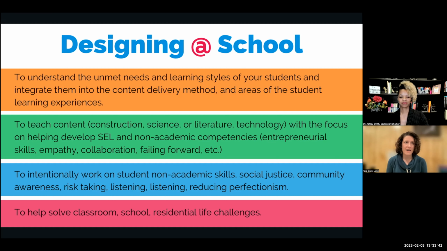So you could have a design thinking process rooted in a construction project like Habitat for Humanity to really say, how are we helping those students develop SEL and non-academic competencies in their academic career? You can also use it to help students build non-academic skills specifically, like social justice, community awareness, risk-taking, listening, and reducing perfectionism. And also to help solve classroom, school, and residential life challenges.